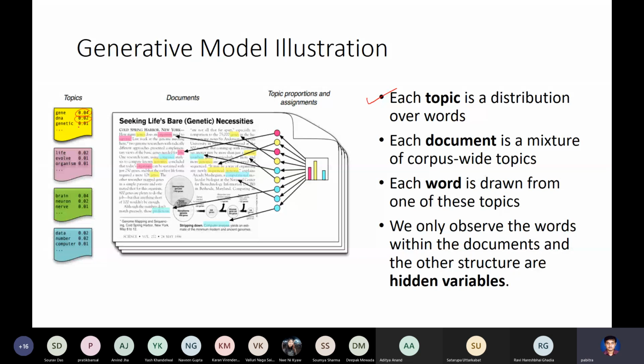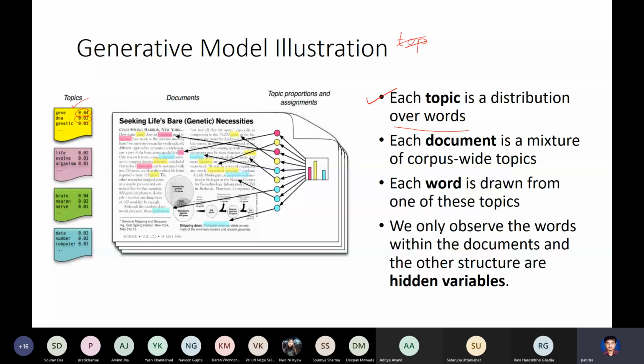A topic is nothing but, see, the moment I write this 0.04, 0.02, 0.01, I am defining a distribution over the words. This word has this probability, this word has this probability.